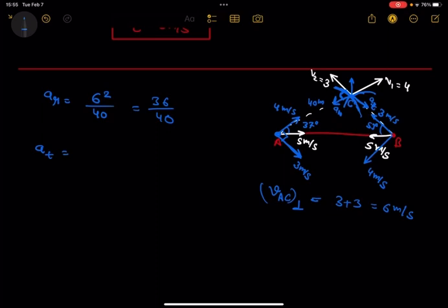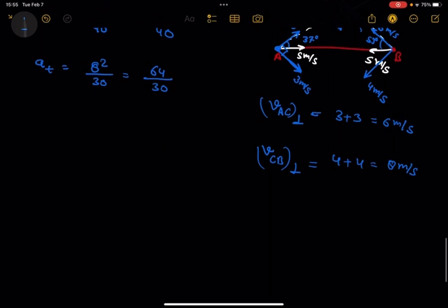So AT is equal to, again we go with the velocity of C with respect to B, perpendicular to the line joining, then 4 plus 4 is 8. So 8 meter per second. So we can write 8 square by 30. That is 64 by 30.